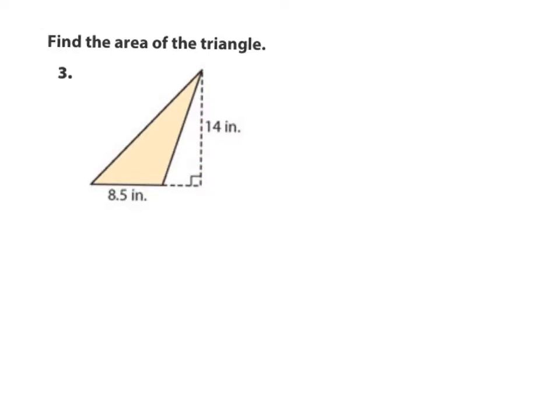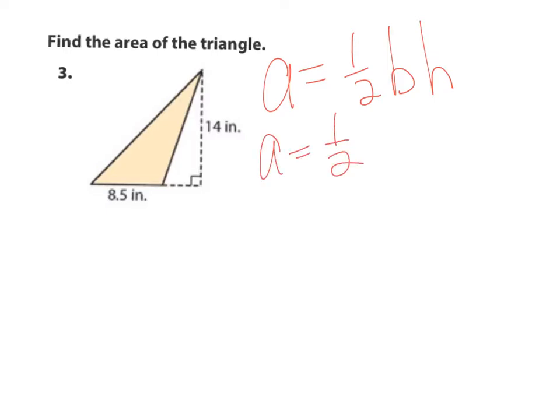So we write the formula. Area equals 1/2 times the base times the height. We have 1/2 the base, which is 8.5 inches, and the height, which is 14 inches.